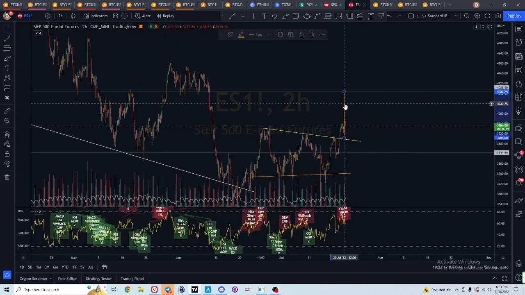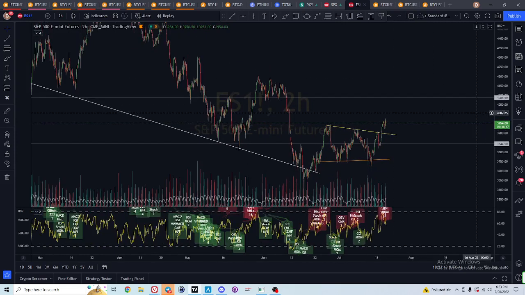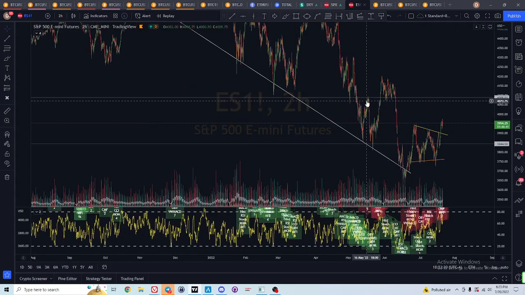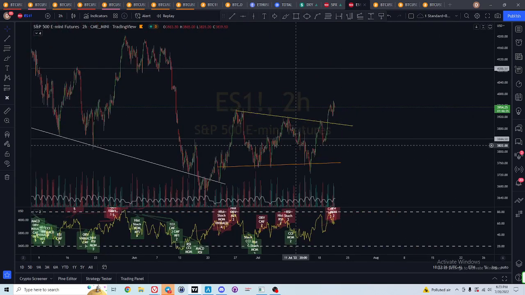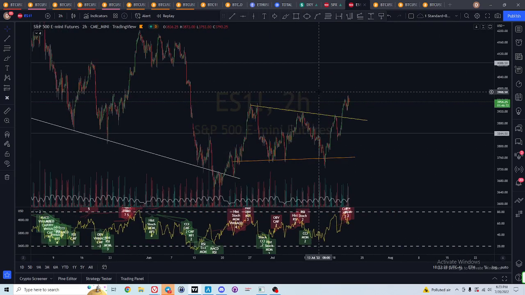So I'm not sure that I'm following a real pattern for ES1, other than just saying 4,088 is certainly a level to watch for. The actual small patterns for the ES1, in my opinion, really don't matter. It's mostly just trending. And again, it's kind of the same thing.